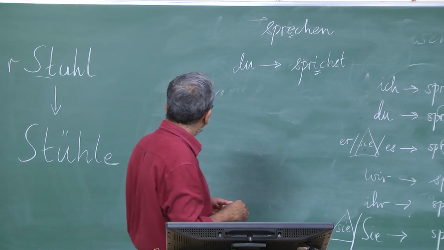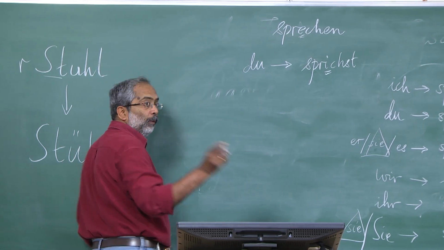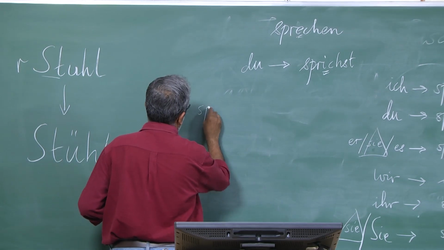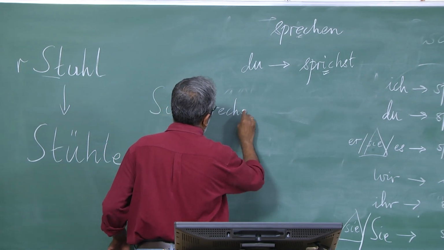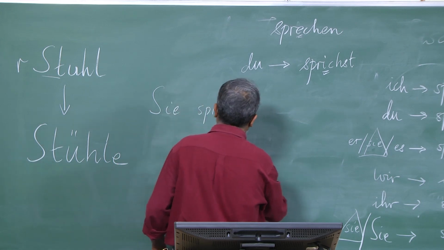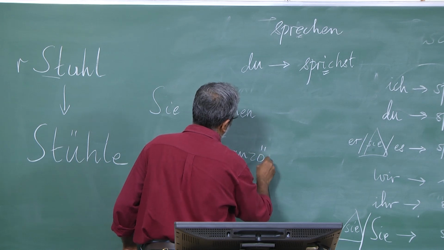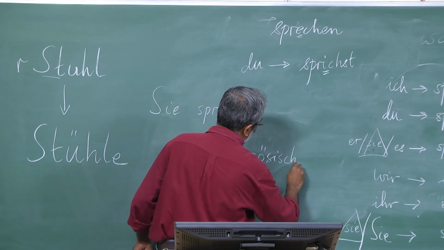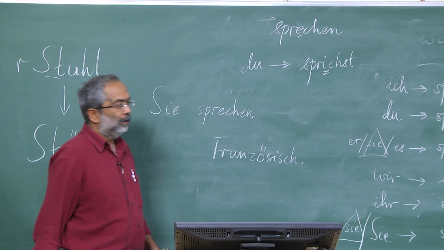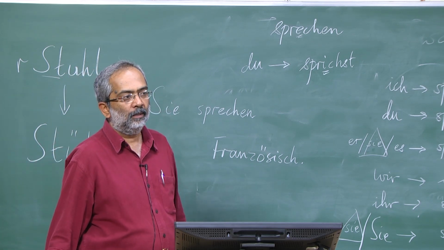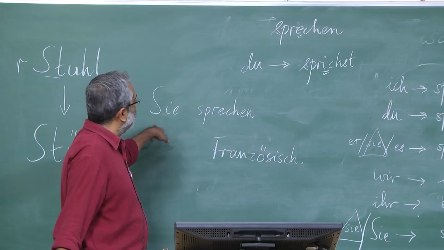So, for example, very quickly, I'll just do this: Sie sprechen. We'll do a nice word for French: Französisch. What is Französisch? French. Okay. Sie sprechen Französisch.